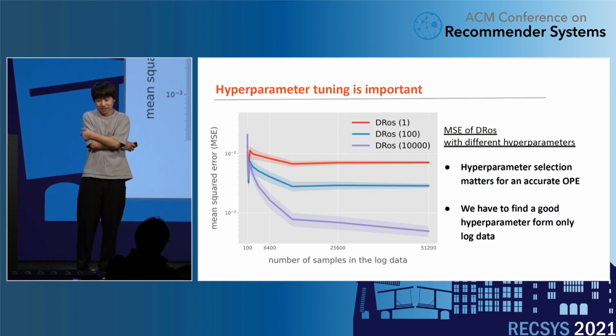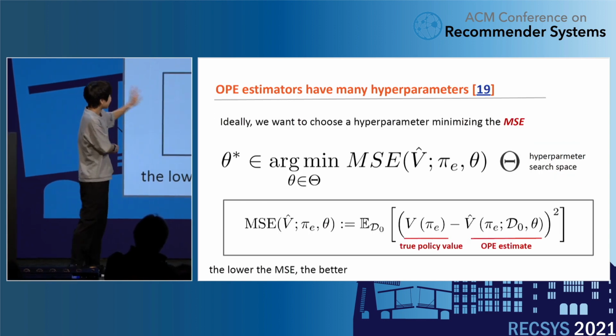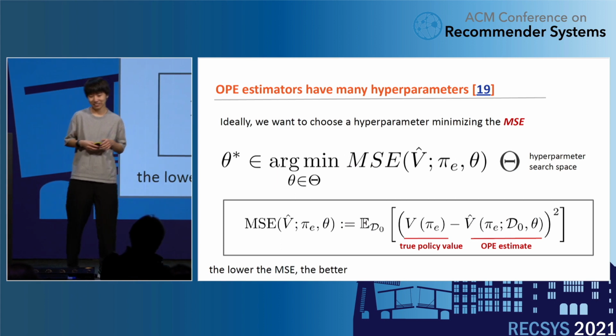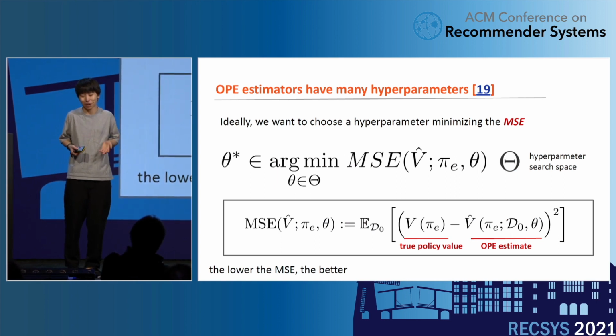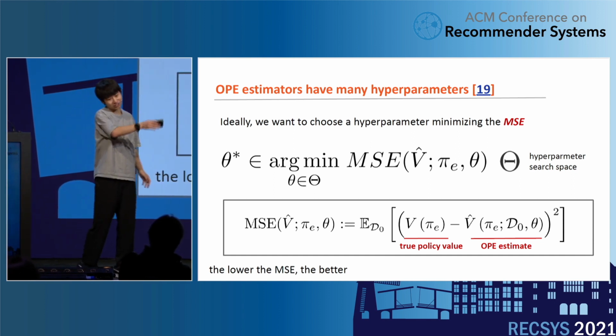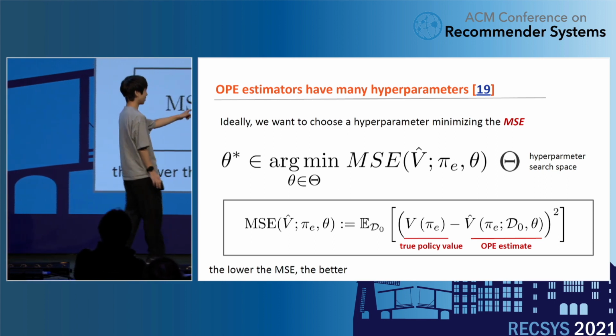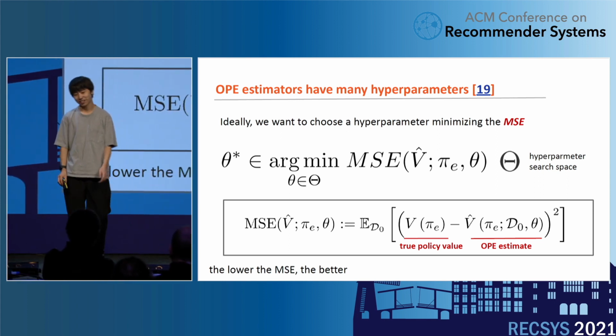So let me see why it's very difficult. This is going to be an idealistic criterion on how we should pick hyperparameters. Mean squared error is the accuracy measure of the policy estimator. This is just the expected squared distance between the true policy value and the policy estimate.